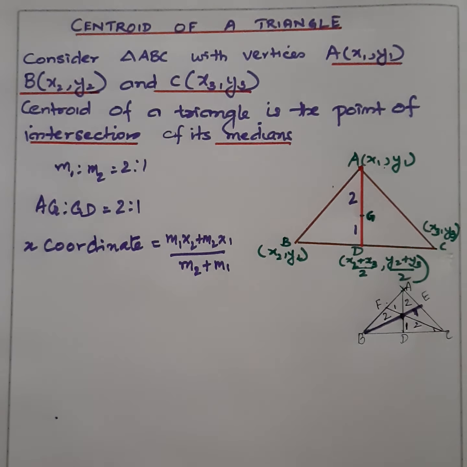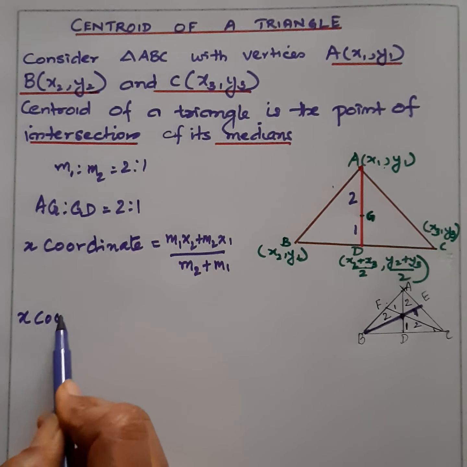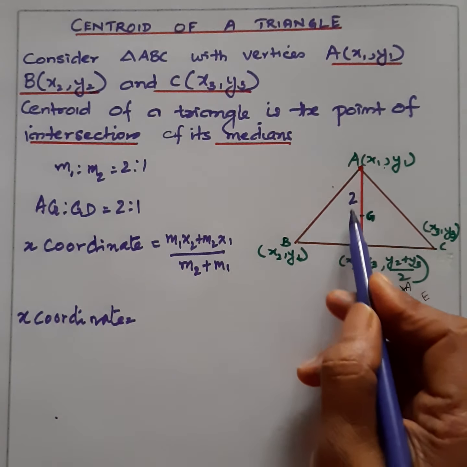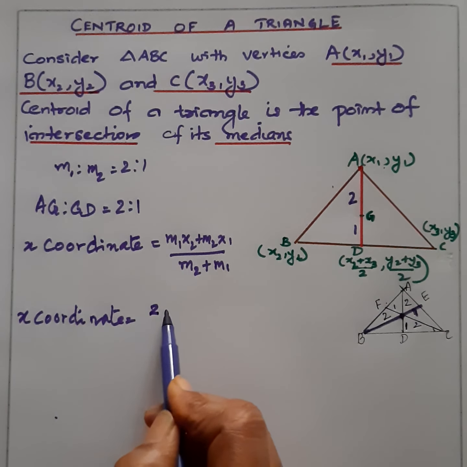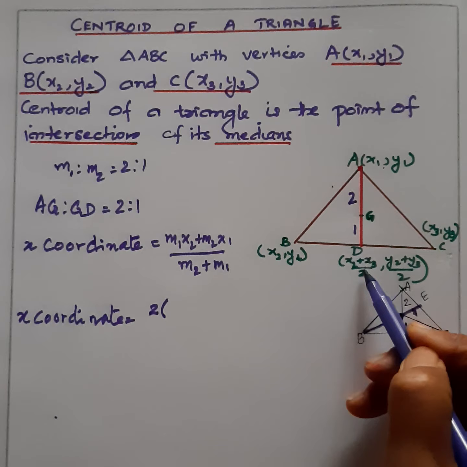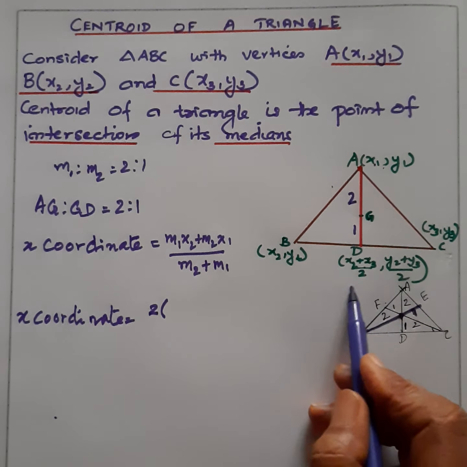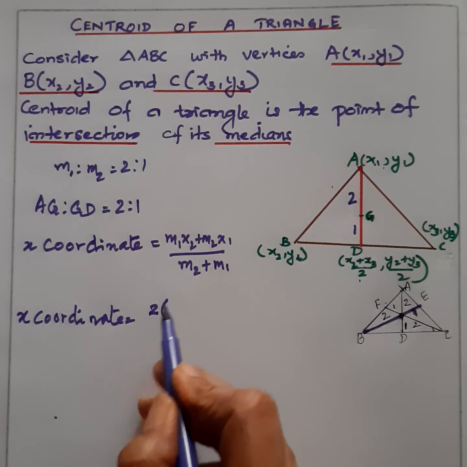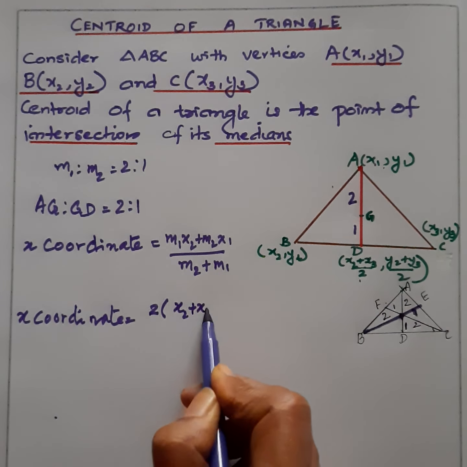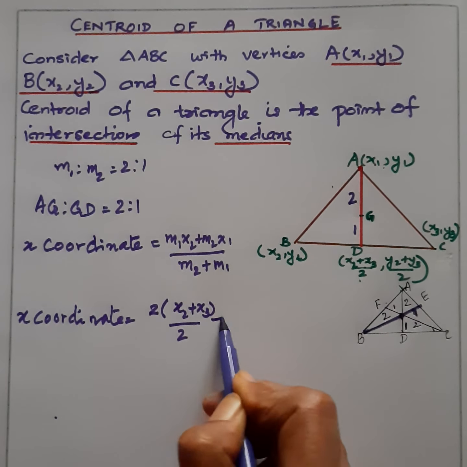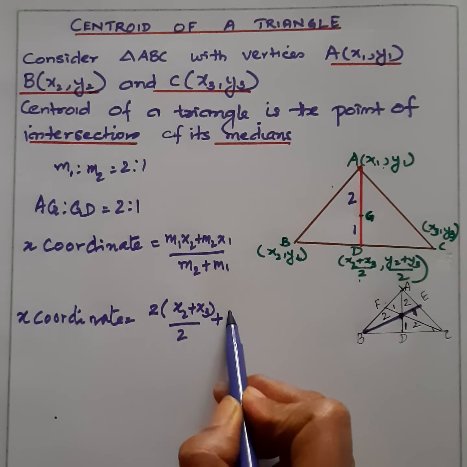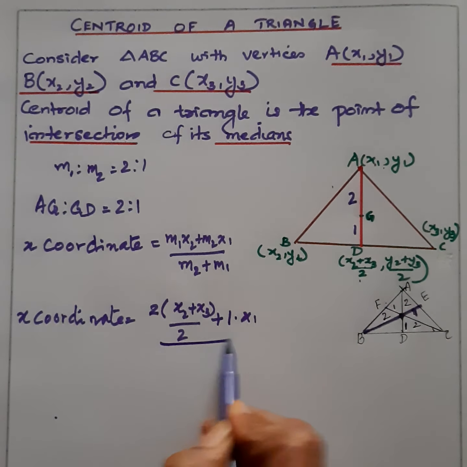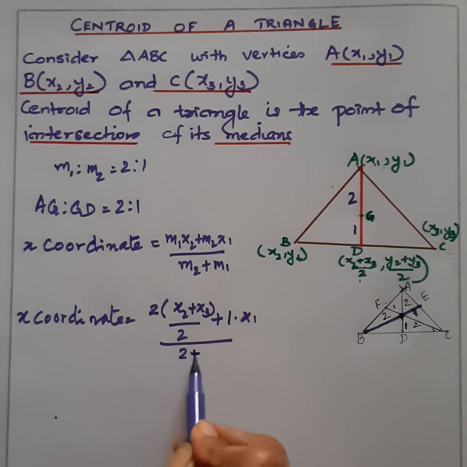Now in this case, the x coordinate of G will be equal to, what is m1 here? m1 is 2. This is x1, y1, this is x2, y2. So m1 times x2, where x2 is (x2 plus x3) by 2, plus m2, which is 1, into x1, divided by m1 plus m2.